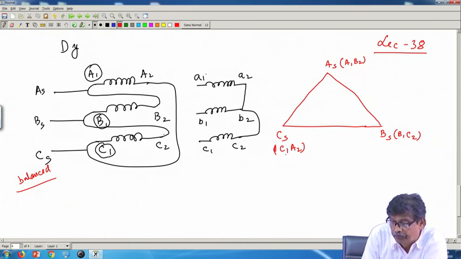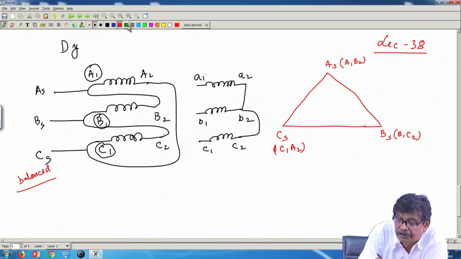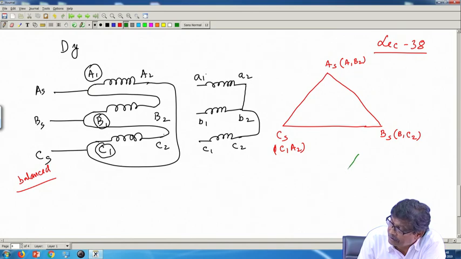Acha, what is the voltage applied across the primary of transformer A? A1, A2. Where is A1, A2? This is A1, this is A2. So, on the secondary side, this voltage will be, if I use a different color, parallel to this line, and I will write it here a1, a2.